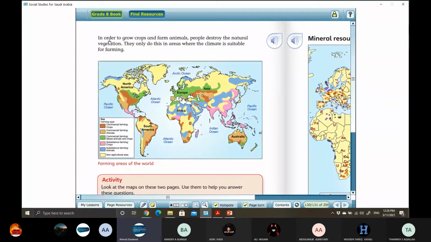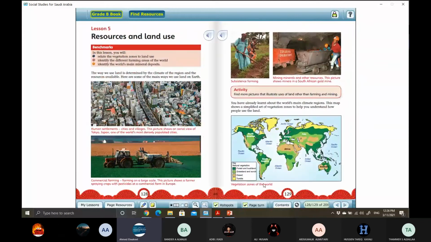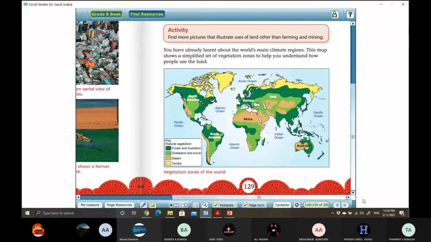So in order to grow crops and farm animals, people destroy the natural vegetation. They only do this in areas where the climate is suitable for farming. So once again, to speak about the climate, I will not go to the tundra in order to farm, because the land there is frozen.